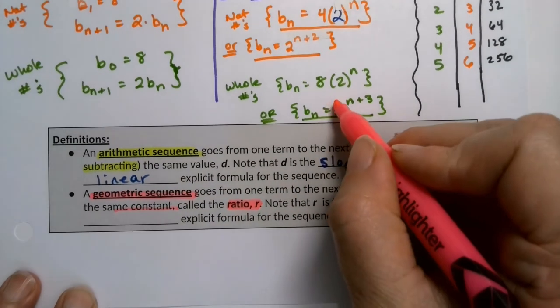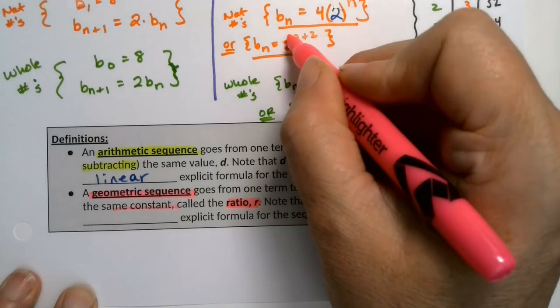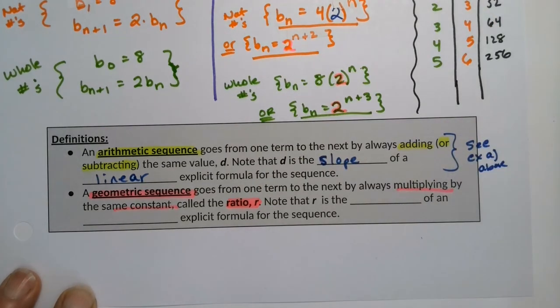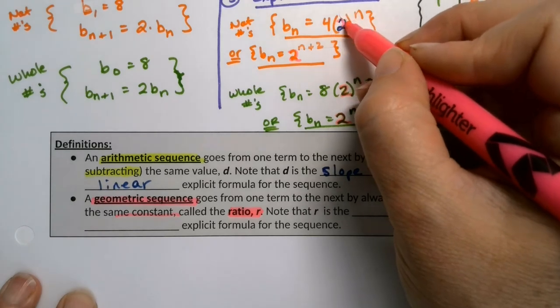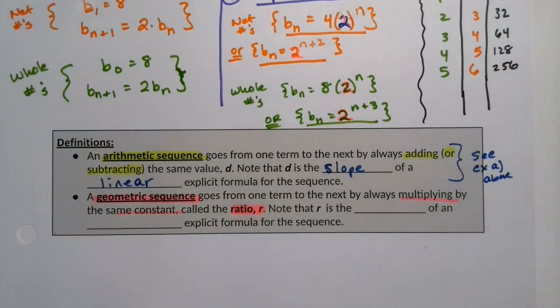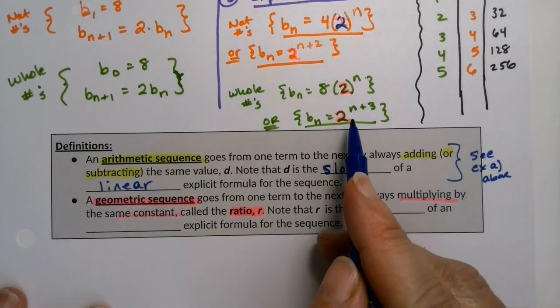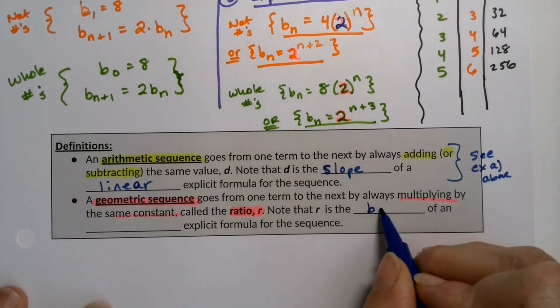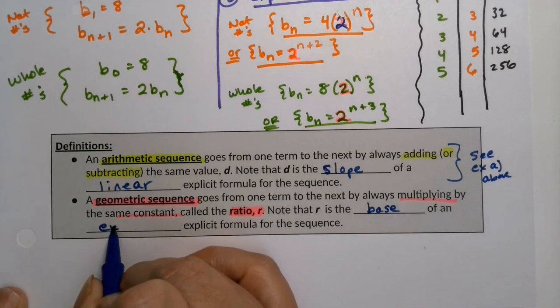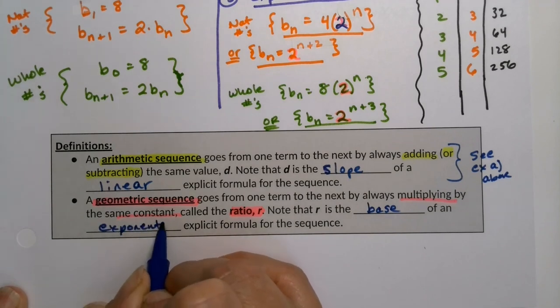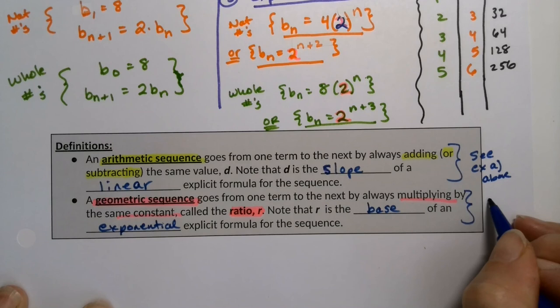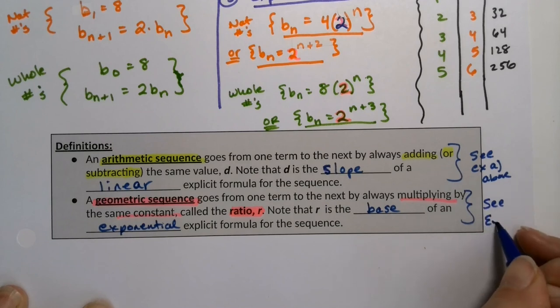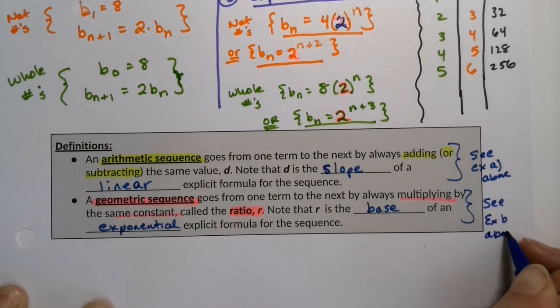So it's this number 2 right here, 2 right here, 2 right here. 2 is our ratio, and that r is the base of an exponential explicit formula. See how these are all 2 to a power? So it's the base of an exponential explicit formula. See example B above.